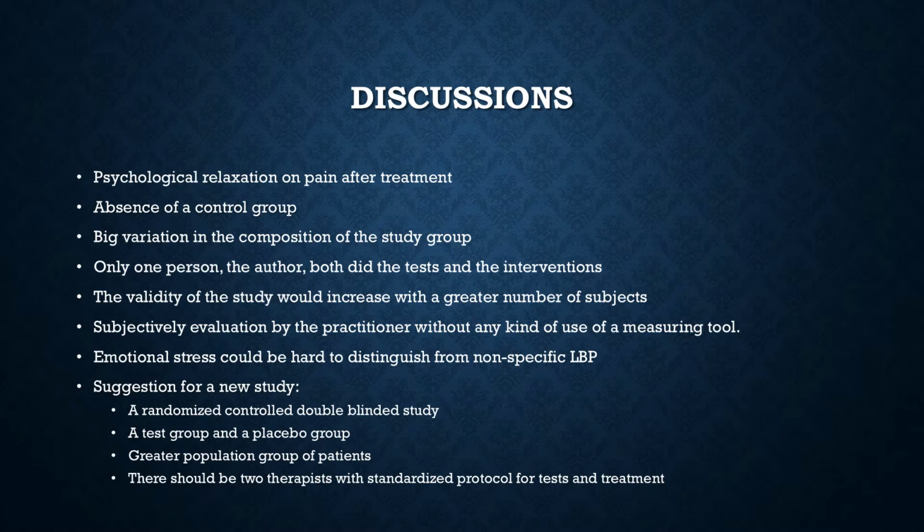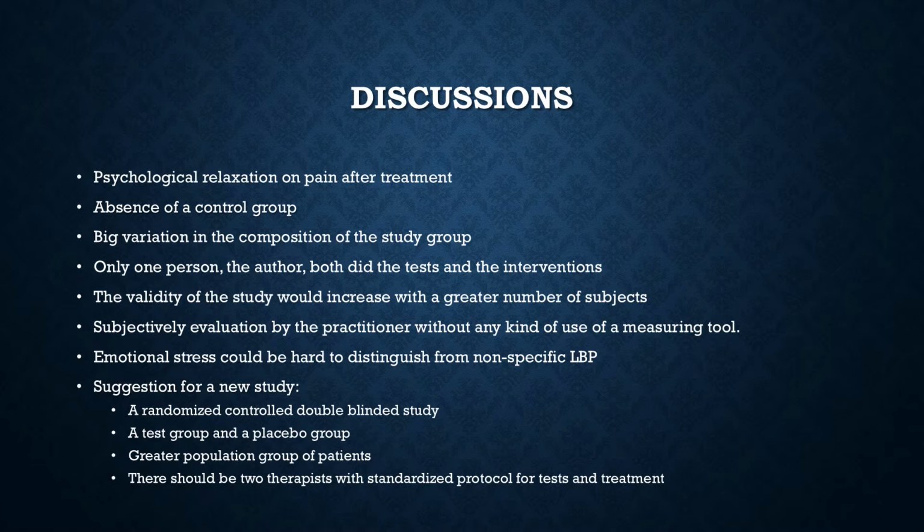This study only consisted of 8 participants. A possible bias was also that you couldn't exclude any psychological stress in the selected group. Emotional stress could be hard to distinguish from non-specific low back pain.